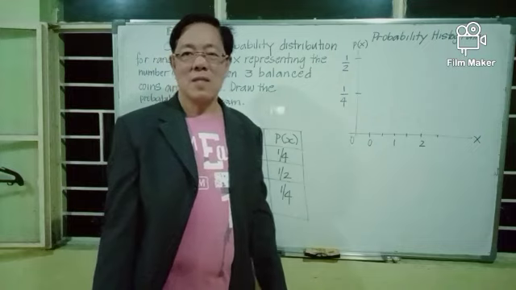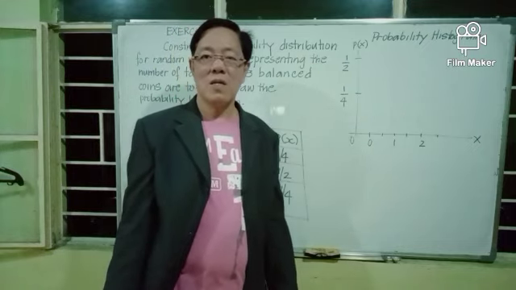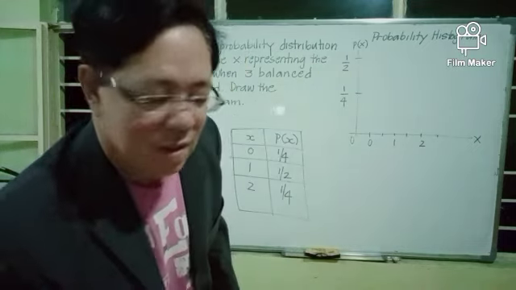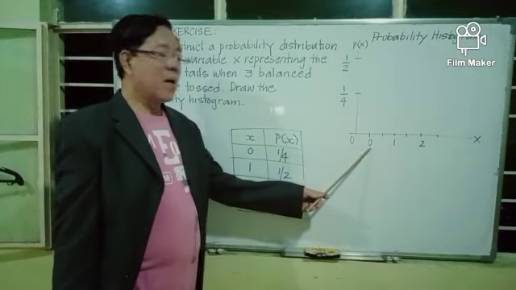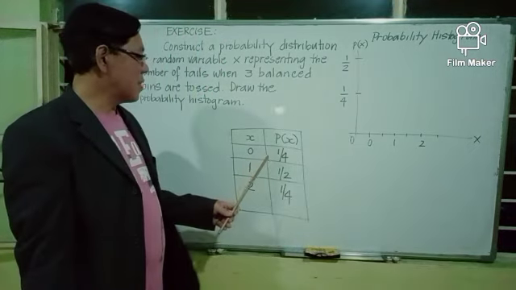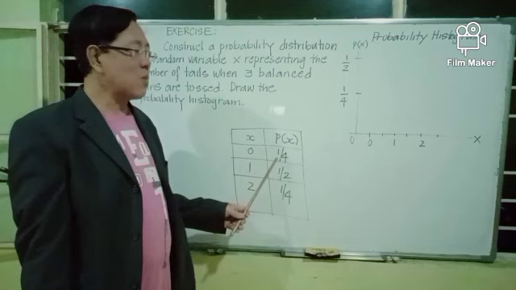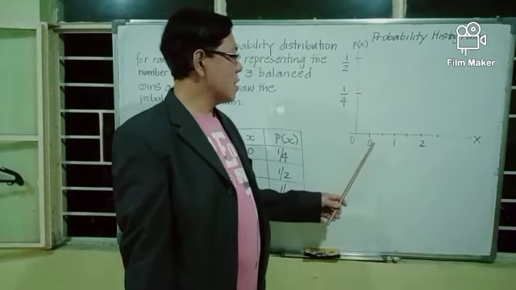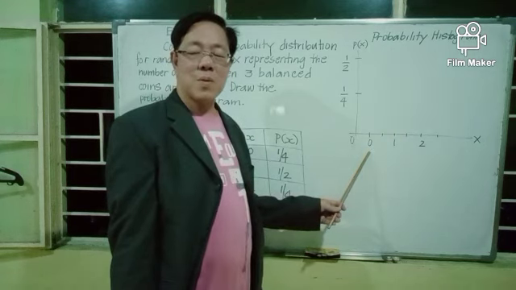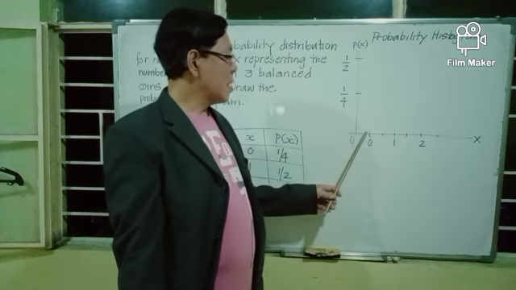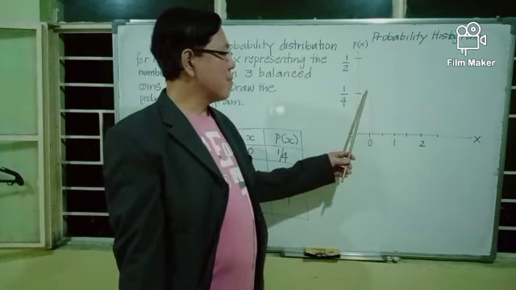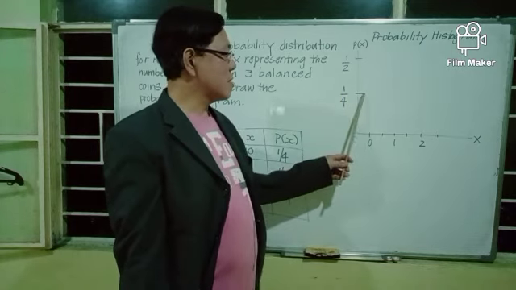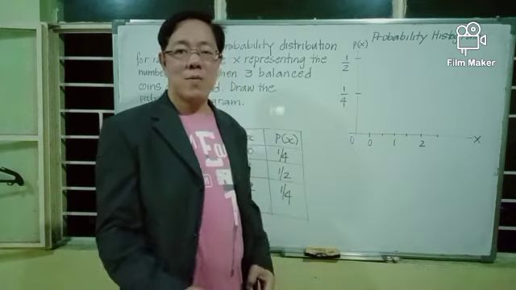Now we construct the vertical bars. For the value of x equals 0, the probability is 1/4. We construct a vertical bar with 0 at the midpoint of the lower base, and the height of the vertical bar corresponds to the probability 1/4.